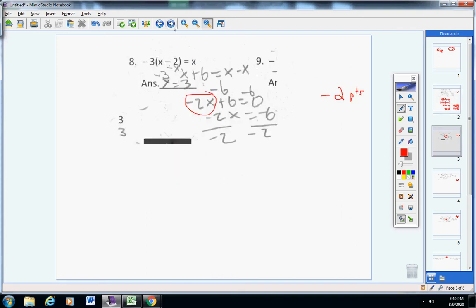Okay? Now, on number 8, you just made one little mistake. Here, look at this. Okay, see this? Now watch this, Lauren. See this positive x right here? You brought it down here. So, you wanted to get rid of that positive x, so you subtracted x from this side. Good job. But if you subtract x from this side here, you must also subtract x to this side over here.